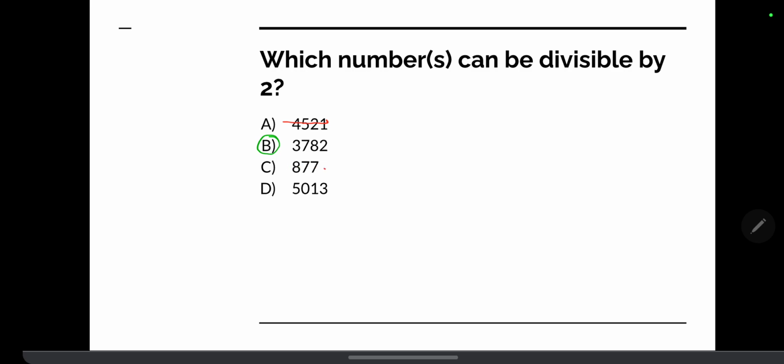So 877 is not divisible by 2. Let's check out the last one, D: 5,013. In the ones place, we have a 3. 3 is odd, not even, which means it is not divisible by 2. So for this set of choices, B is the only one that is divisible by 2.